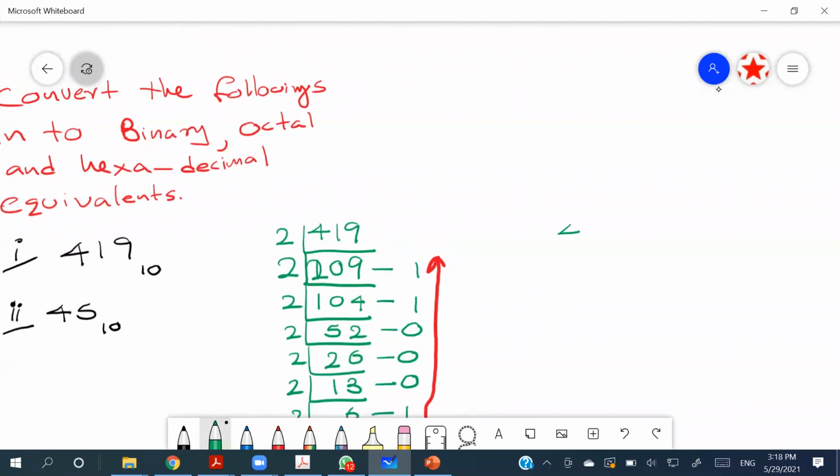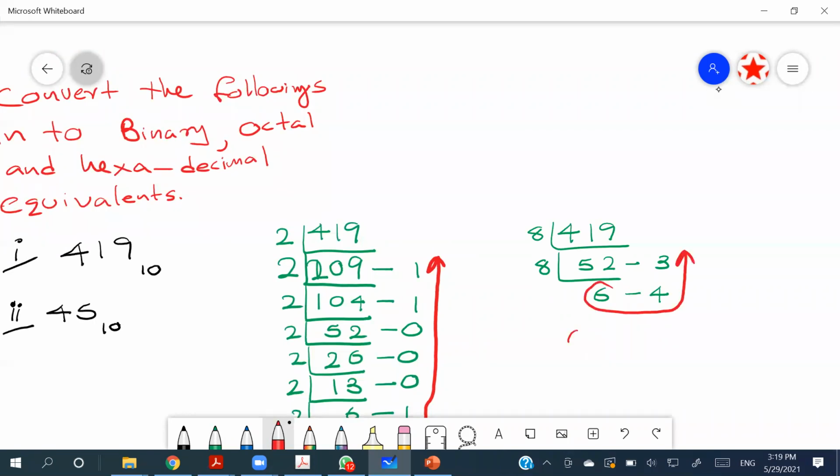So I'm going to do 419 to take the octal equivalent. 5 for 19, there will be 2, 3 is remaining. This is 6 and 4 is remaining. So I can write from top to bottom 643 in octal.